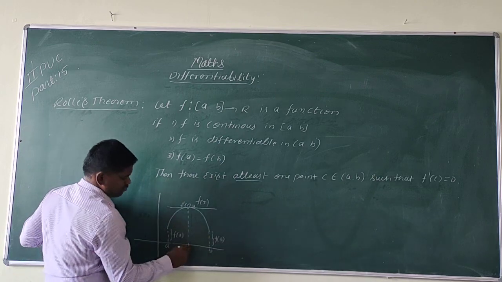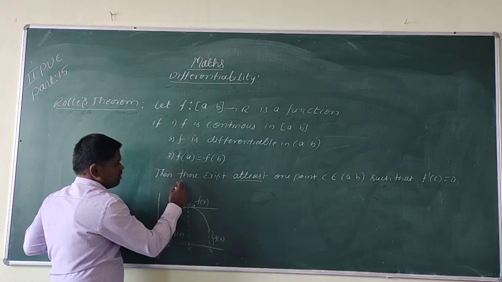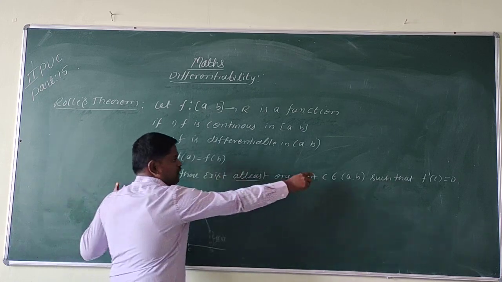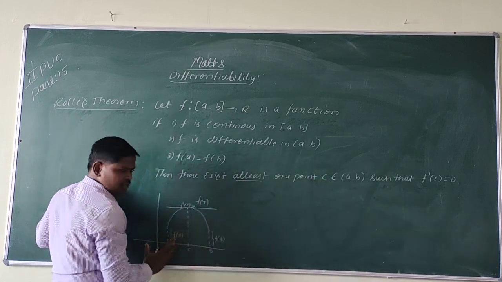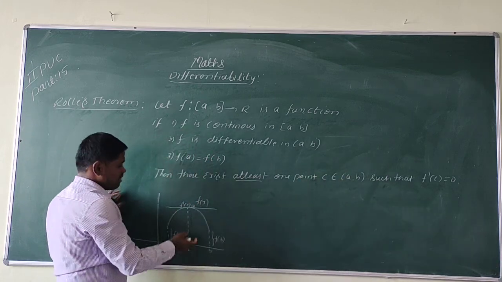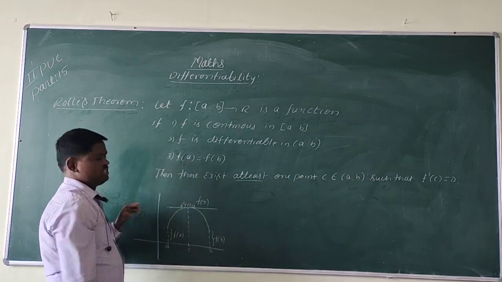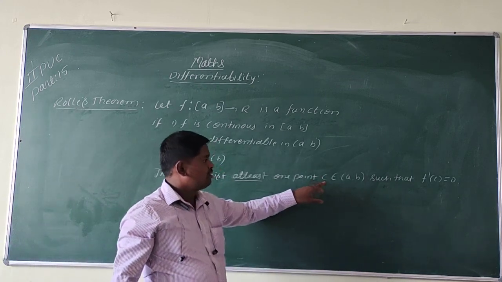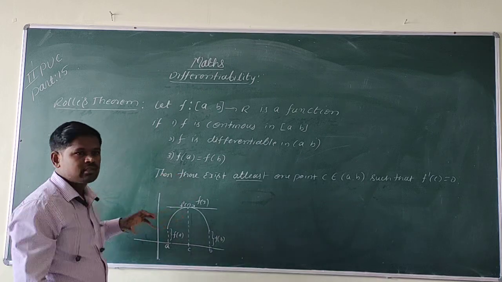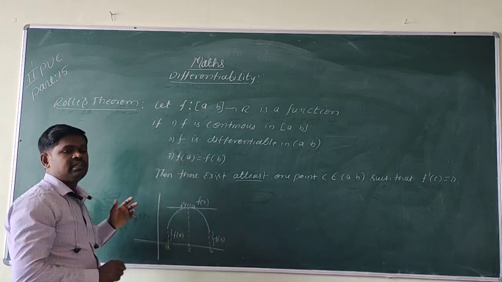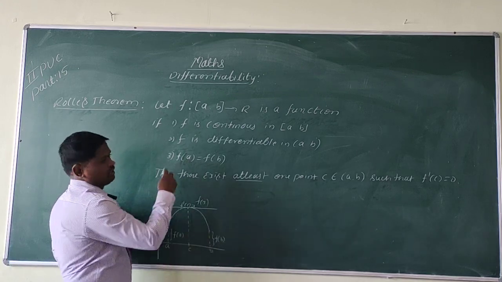Then definitely there exists at least one point c in the interval (a, b) such that f'(c) is equal to 0. That means at that particular point c the tangent has slope 0. Okay, so write this out.